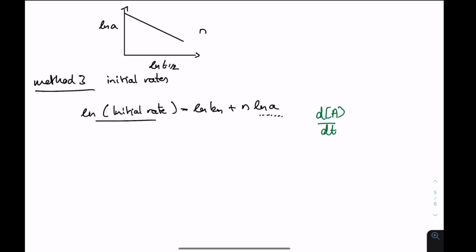So dA/dt is k_n times A to the P, let's call it P for simplicity, to not confuse with small a concentration, B to the Q, and C to the R. Okay, so this is some reaction which has different orders in A, B, C, which are P, Q, and R. So now, how would we get the reaction orders of those individual components using either method 1, 2, or 3? So one way is using the isolation method.